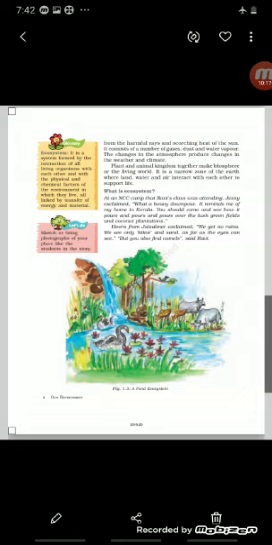Let us do. It is an activity for you. Sketch or bring photographs of your place like the students in the story.